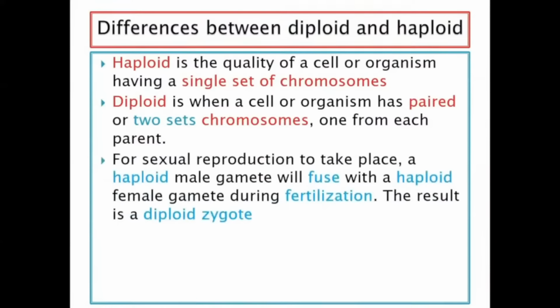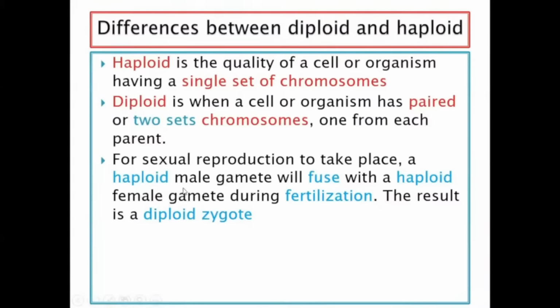So for sexual reproduction to take place, it means that it must include the gametes. It must include the gametes and it must include the sex. What happens? A haploid male gamete, that is, if we are talking about humans, we're talking about sperms, will fuse with the haploid female gamete.